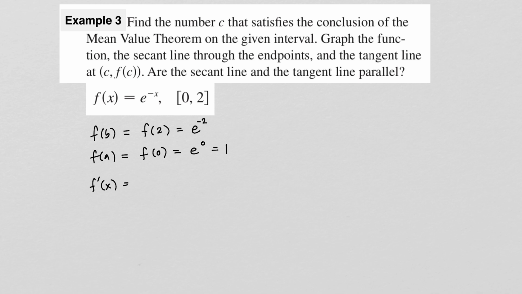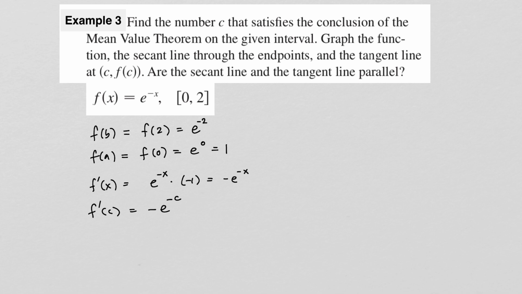And f prime of x, the derivative of e to the -x, is e to the -x times the derivative of -x, which is -1. And so we can write the derivative as negative e to the -x. So then f prime of c would simply be negative e to the -c.